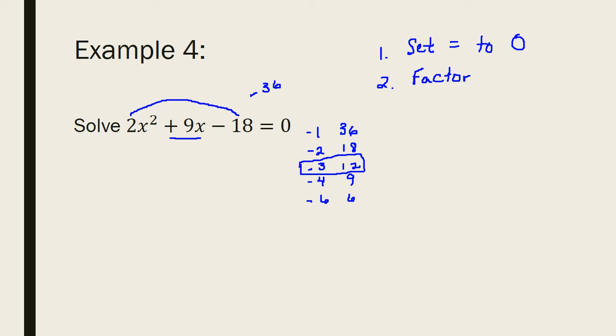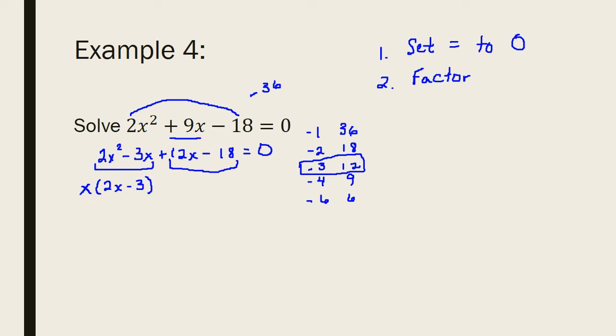So I'm going to rewrite this, 2x squared. And instead of writing 9x, I'm going to write minus 3x plus 12x. And then the minus 18 equals 0. Group the first 2. That gives you x. And that's our GCF, so that leaves us with 2x minus 3. Group the last 2.